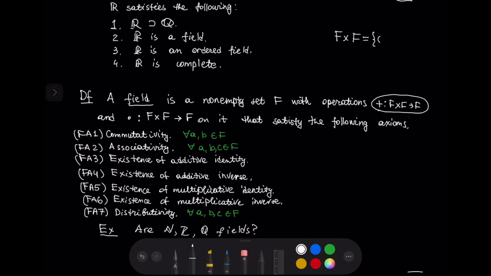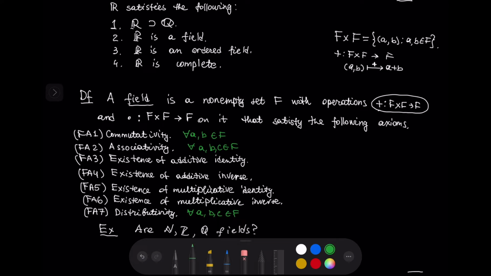It's the set of all ordered pairs (A, B) such that A and B are both in F. And so plus: F cross F into F just means that to every ordered pair (A, B) such that A and B are in F, the operation plus puts in correspondence the element A plus B. Okay, so that's all that this notation means.